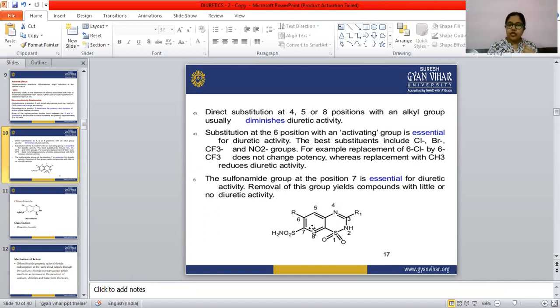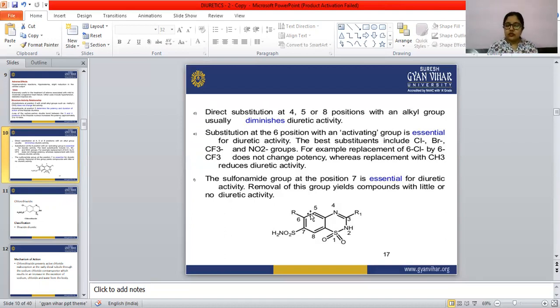If we substitute a chloride group here, that increases the activity. If you substitute a bromide group, that increases the activity. If you substitute a CF3 group, that increases the diuretic activity. If you introduce an NO2 group, that also increases the activity. But if we substitute a methyl group at the 6th position, that decreases the diuretic activity.